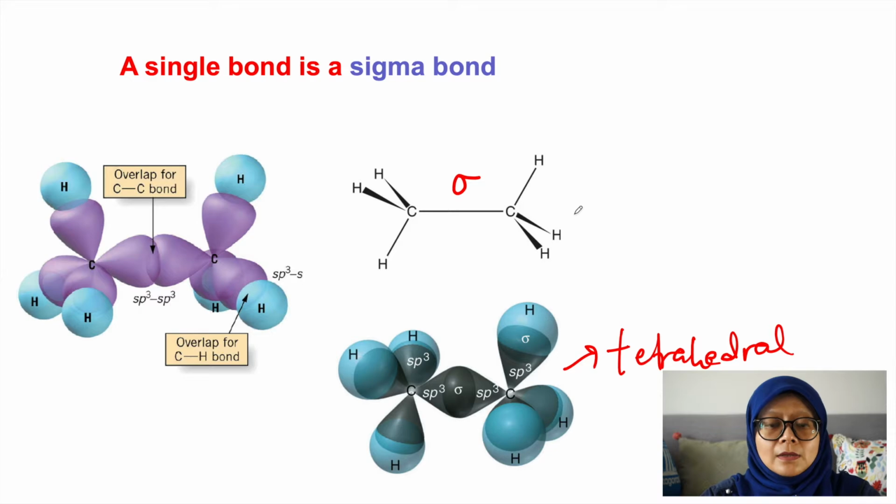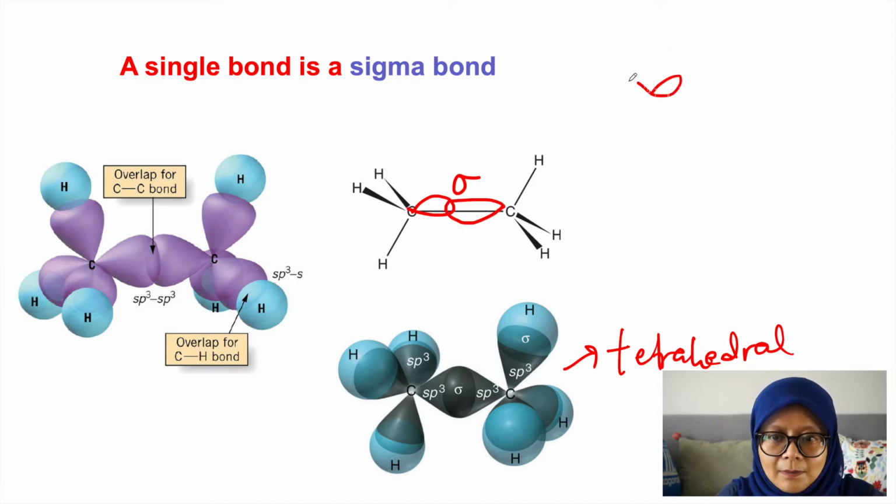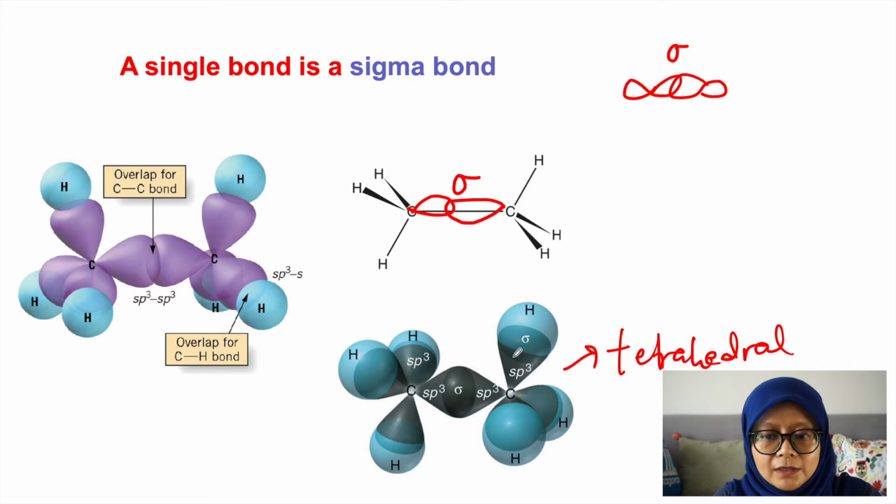So the overlapping of the end of this p in the carbon and also another end of this p. So this is what happened, end to end of orbitals overlap to form a sigma bond. So these two carbons here have the tetrahedral geometry.